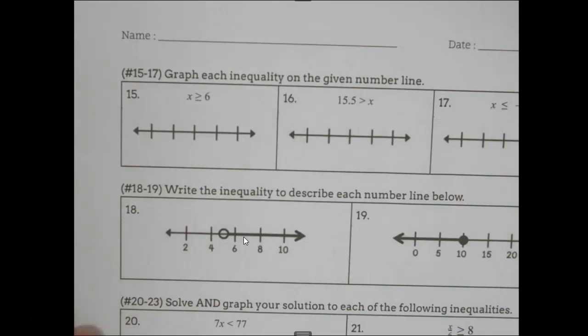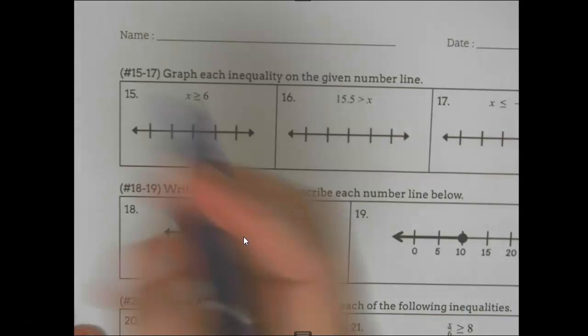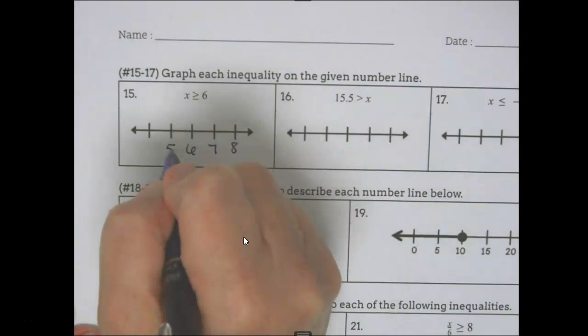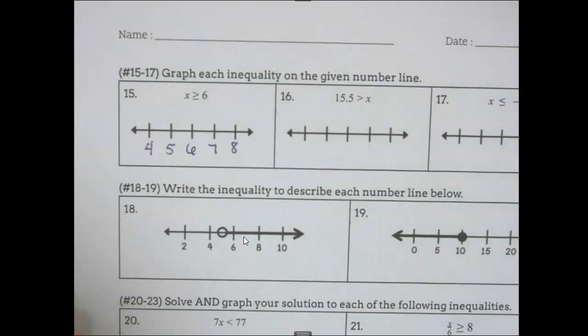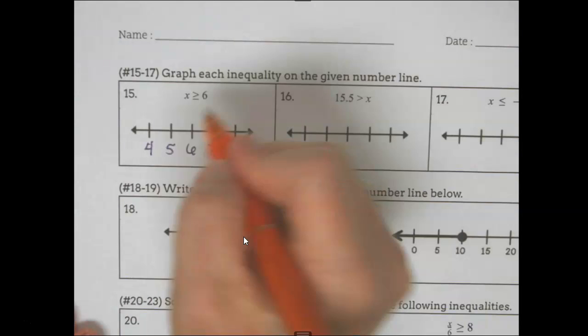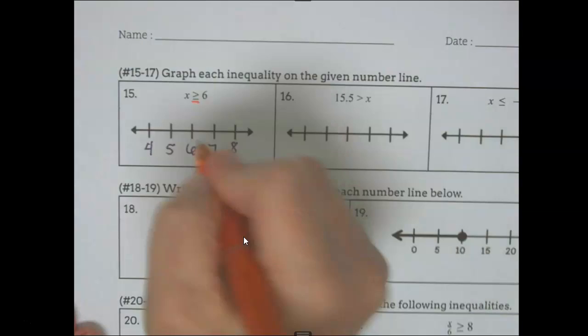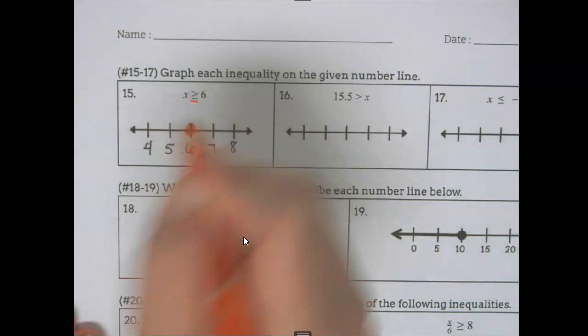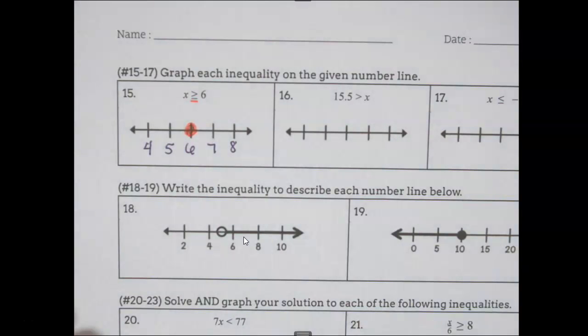So here, graph each inequality on the given number line. Here's 6, 7, 8, 5, 4. I'm just going to go ahead and label my number line. I know it's going to be a closed circle on 6. So I'm going to do a closed circle, meaning shade the circle in.